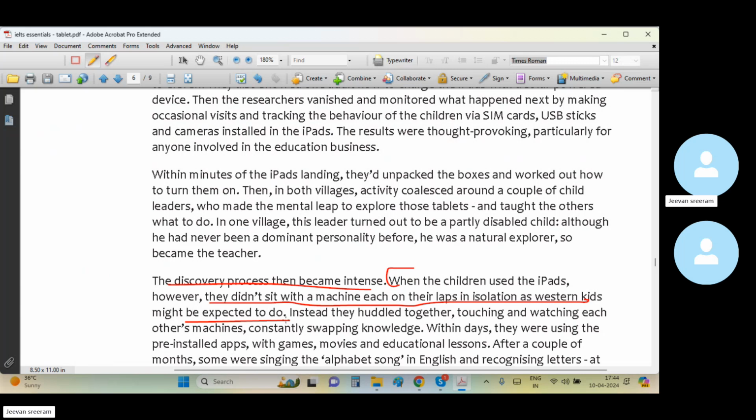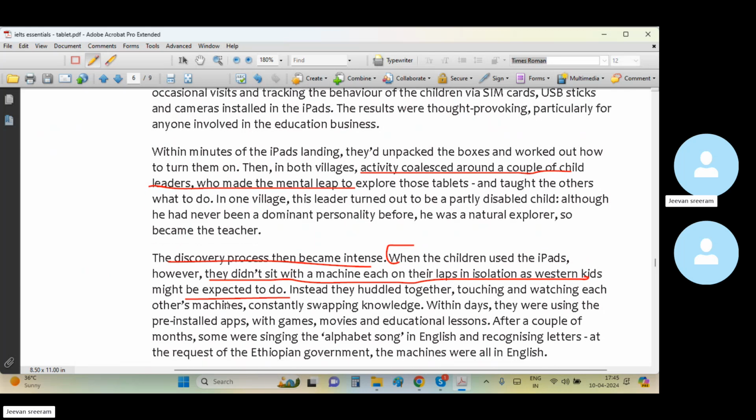So these children are far different from Western children in handling and working on the machine, right? What we generally expect of Western children is that they get it on their laps in isolation and start working on it. But these children are different. They worked in groups, they coalesced around a couple of child leaders, right?